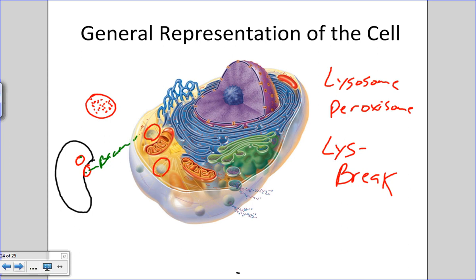Once this phagocyte phagocytizes or eats this bacteria, a lysosome is going to fuse with this. It's going to fuse with this, and then these enzymes inside are going to be dumped out or released into the phagosome, and that's how this phagocyte is going to digest this bacterium or whatever foreign material it consumes.